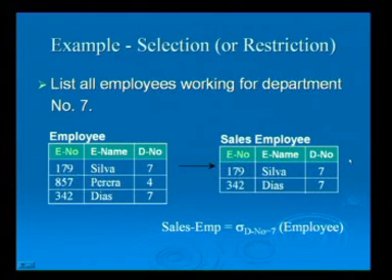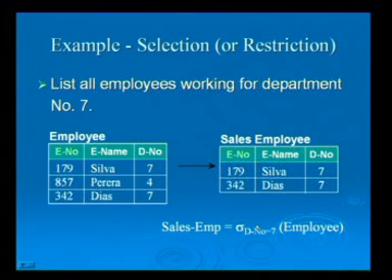So, here as you can see, the sigma symbol is there, and the condition is department number equals 7, because we want to see the employees, those who are working for department number 7, and it is applied on the relation employee. As I showed you before, the syntax.